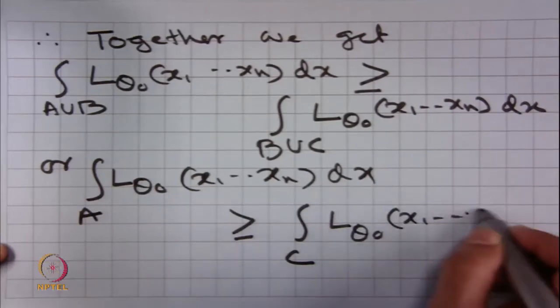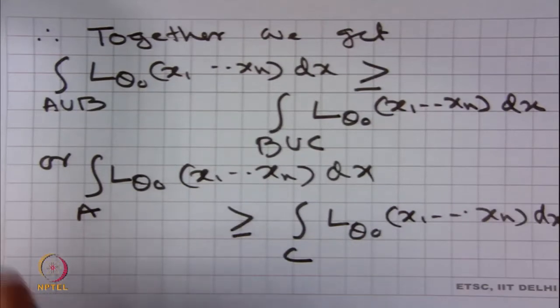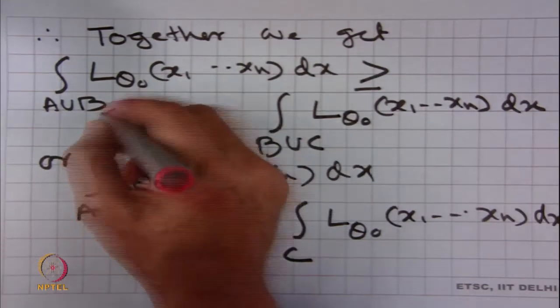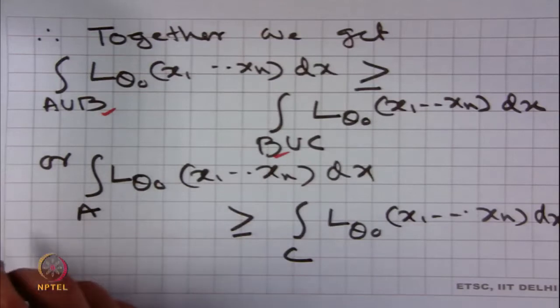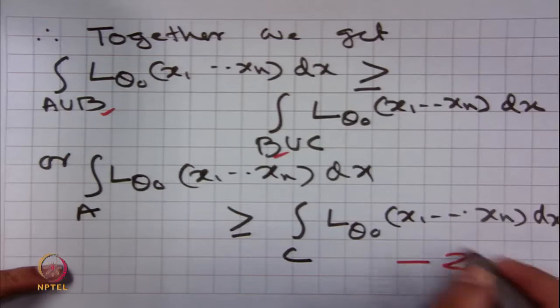This happens because B is common to both, and therefore, we can take away the B part and we get this inequality. Let us call it 2.